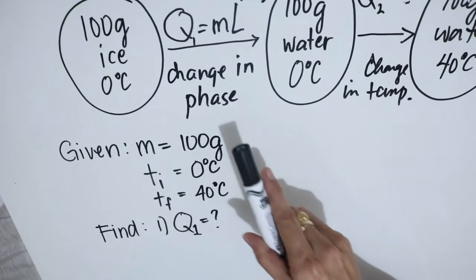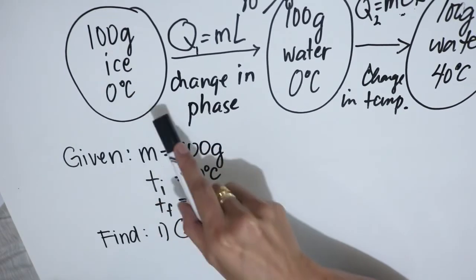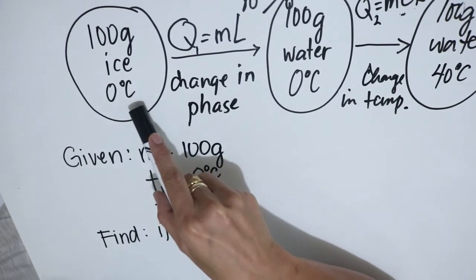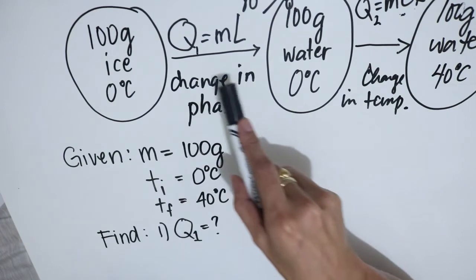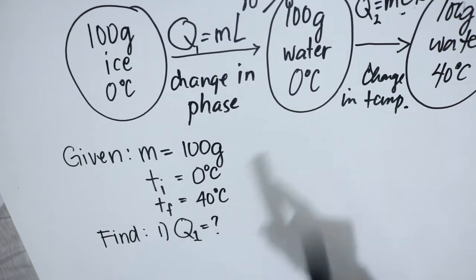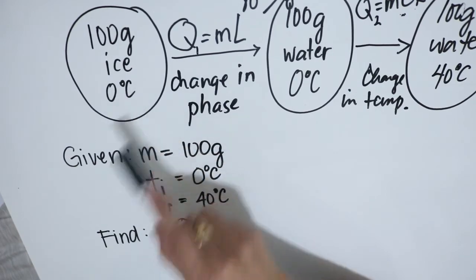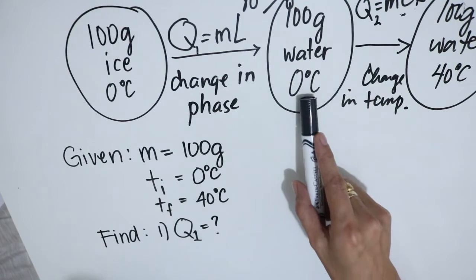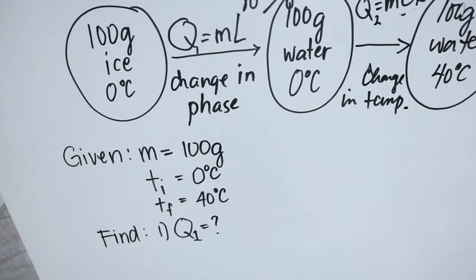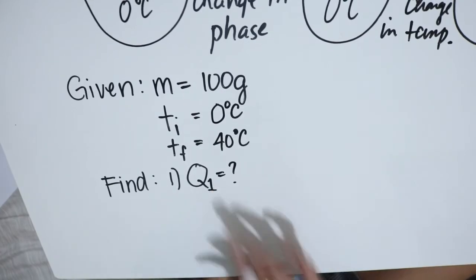Q1 here, like what we have said, we're looking for the amount of energy used to change the phase from ice to water. So we assigned Q1 as the first energy used to change ice, which is in a solid state, and that will be converted to water in a liquid phase or liquid state. So we will find Q1.